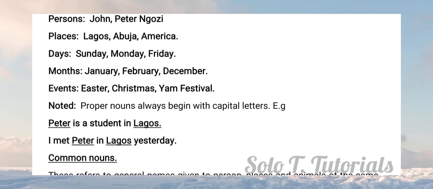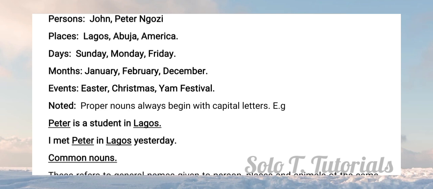For example, Peter is a student in Lagos. If you look at the first sentence here, Peter is a proper name of a person and it begins the sentence and it appears in capital letter. So Lagos that is at the end of the sentence still appears in a capital letter.